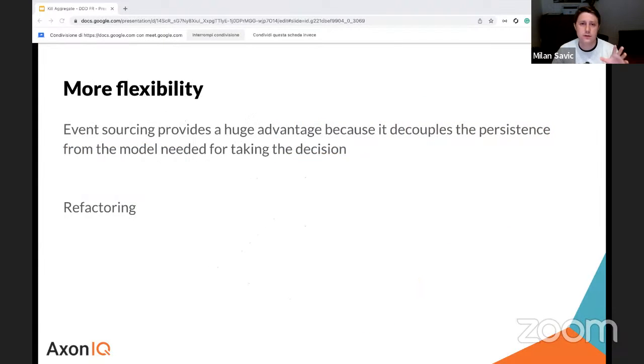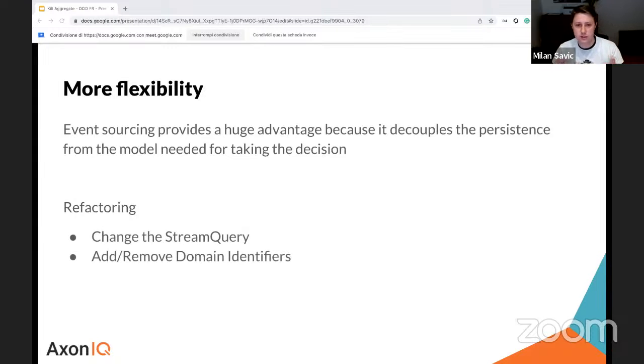The other benefit that we have is more flexibility, right? Because event sourcing decouples the persistence from the model. When we want to refactor our model, what we need to change is that stream query. So we change it, we add or remove domain identifiers, add or remove event types.